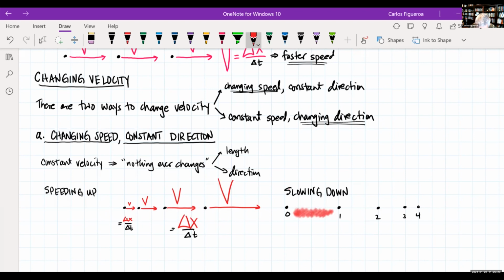Note that in this interval, this distance is big, so the velocity here has to be big. That's at 0.1. Now, when I look at this interval here, that interval is smaller, so this velocity has to get smaller.